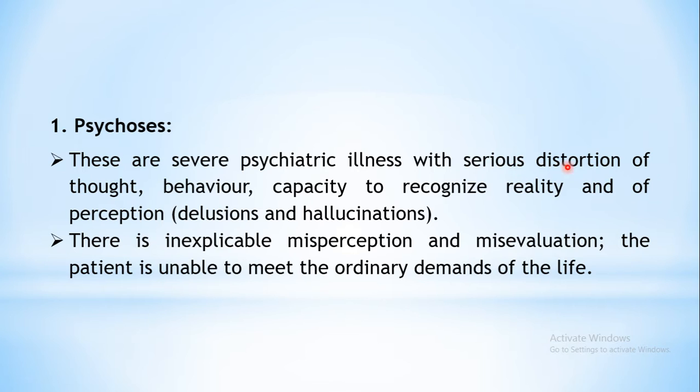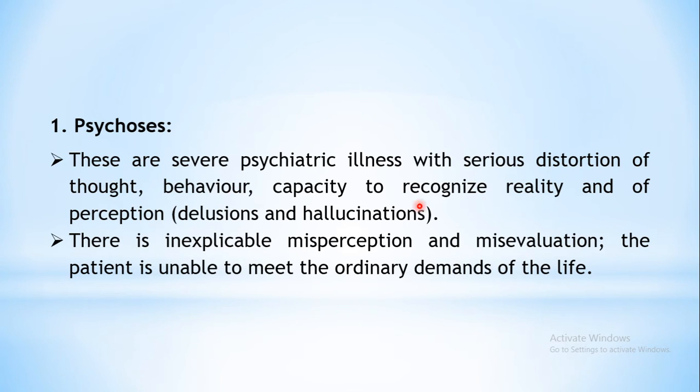So there is a serious distortion in the thinking of the person, in the behavior. You know a particular person for years together. So suddenly if you identify that there is some change in the behavior, which is not normally seen in that person, that means there is some kind of behavior change taking place.